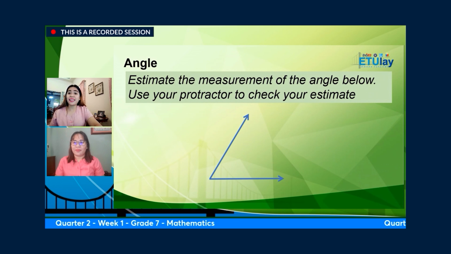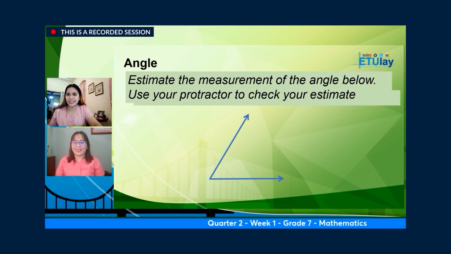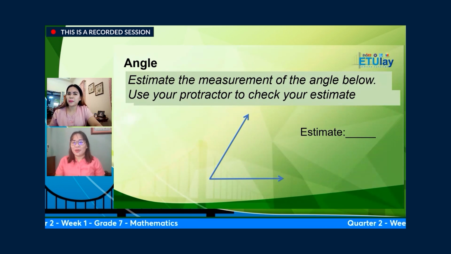Okay, let us estimate this. Estimate the measurement of the angle below. Use your protractor to check your estimate. So what do you think is the measurement of this angle? How about you, Tutor Jolly? What do you think is the measurement of this angle? I think, Tutor Rosan, it is 55 degrees. 55 degrees.